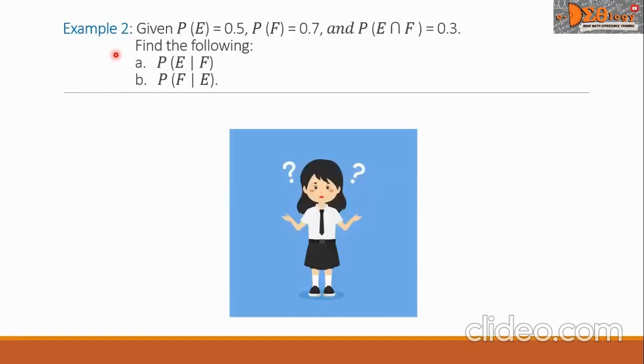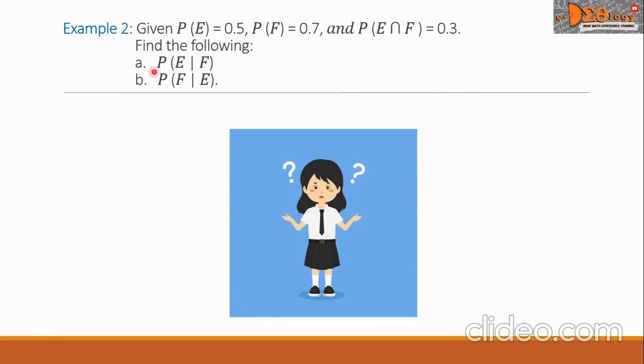Let us have example 2. Given P of E equals 0.5, P of F equals 0.7, and P of E intersect F equals 0.3. Find the following.